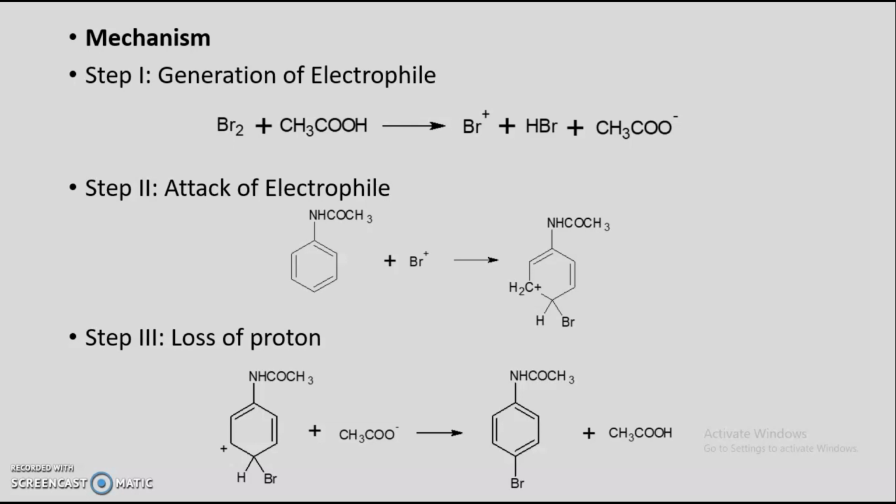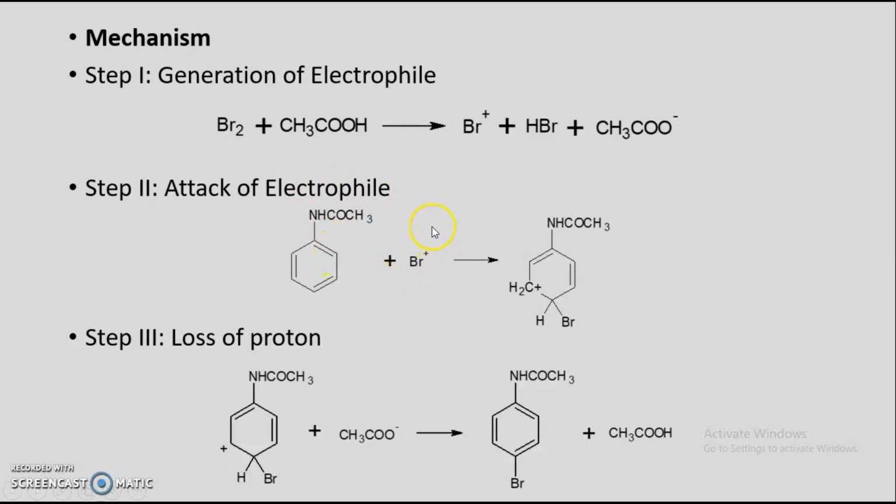Substitution. And here, as compared to the ortho position, when the electrophile attacks at the para position, it is more stable. What happens when the bromine ions go toward the ortho position? As this group is bulkier, there is a steric hindrance effect.